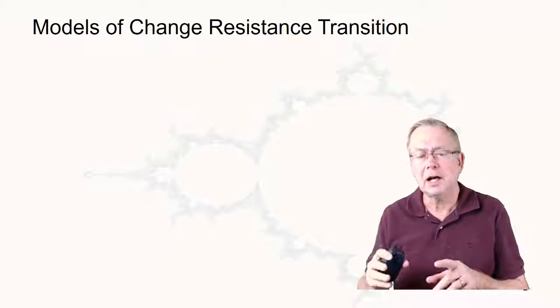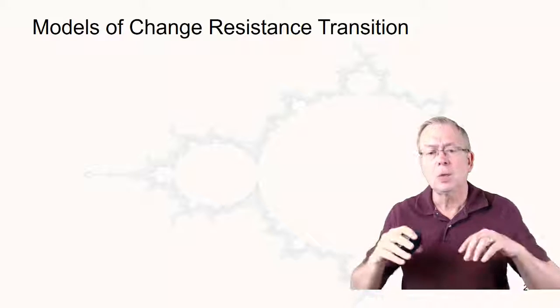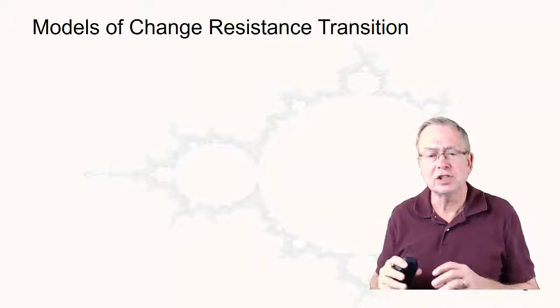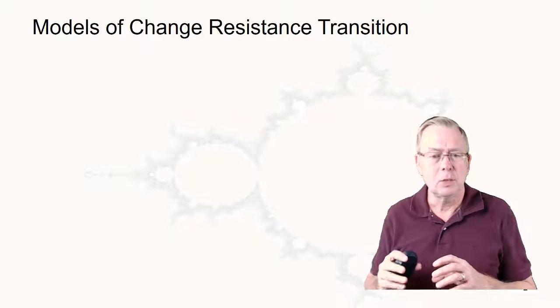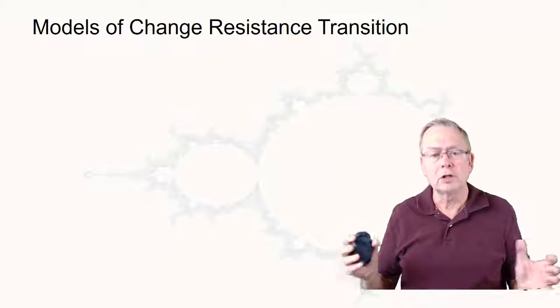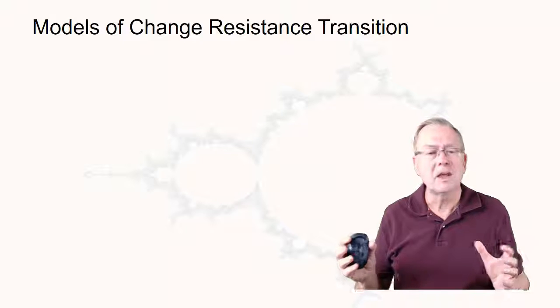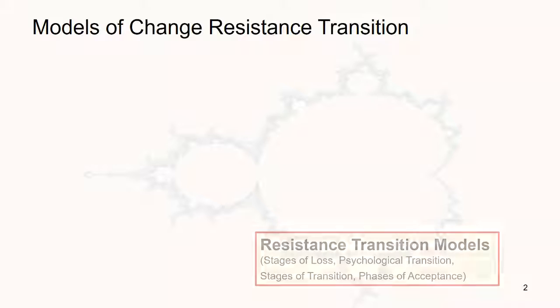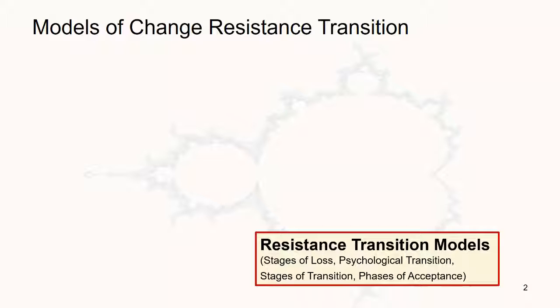And I'm going to take a little time now here to explain where the models of resistance transition takes place within the broader framework so that you can see where this fits within your other aspects of organizational change. The focus then is going to be on the resistance transitions itself, and we're going to be talking about 4 specific transition models.